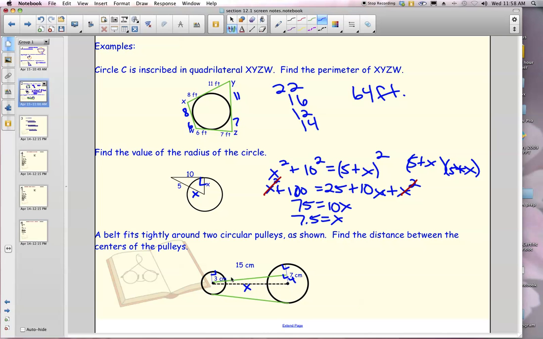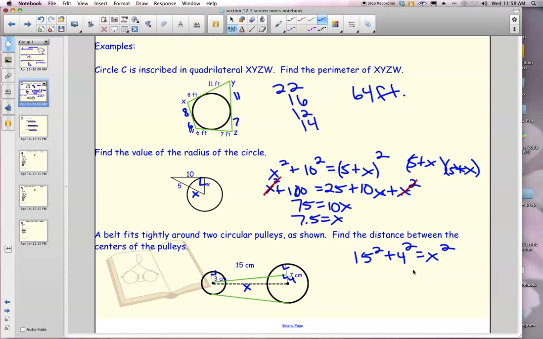This is still 15, so we would do 15 squared plus 4 squared equals x squared. X is still our hypotenuse. It's the one that sits across from the right angle. A lot of kids want to say 15 is the hypotenuse, but it's x because that's the one that's across from the right angle. So we do 15 squared plus 4 squared.